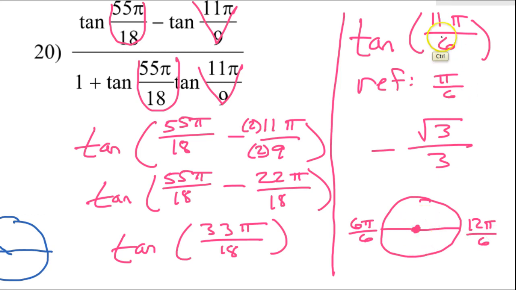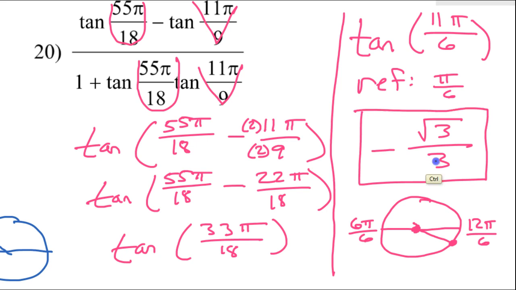So where is 11 pi over 6? That is just one short of 12 pi over 6, so it would be right here in the fourth quadrant. Tangent is negative over here, so this is the answer. If it had been in the first quadrant or the third quadrant, I would have erased that negative sign.